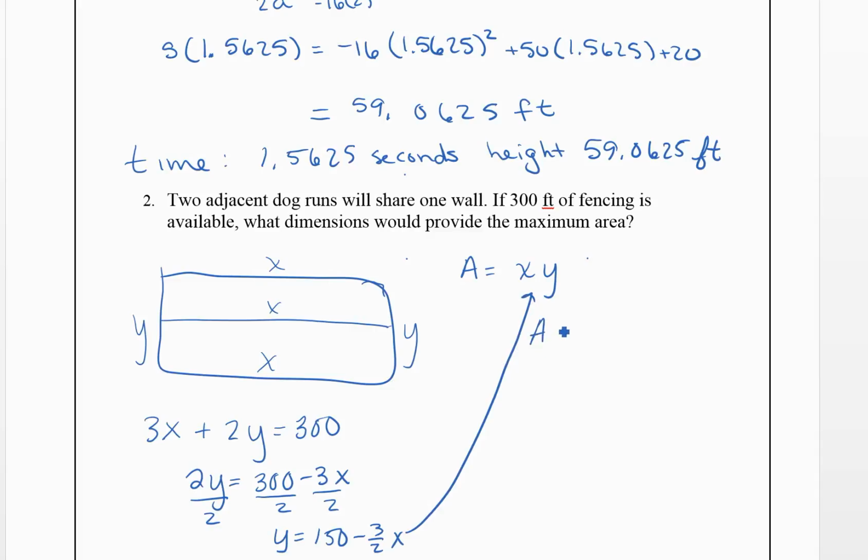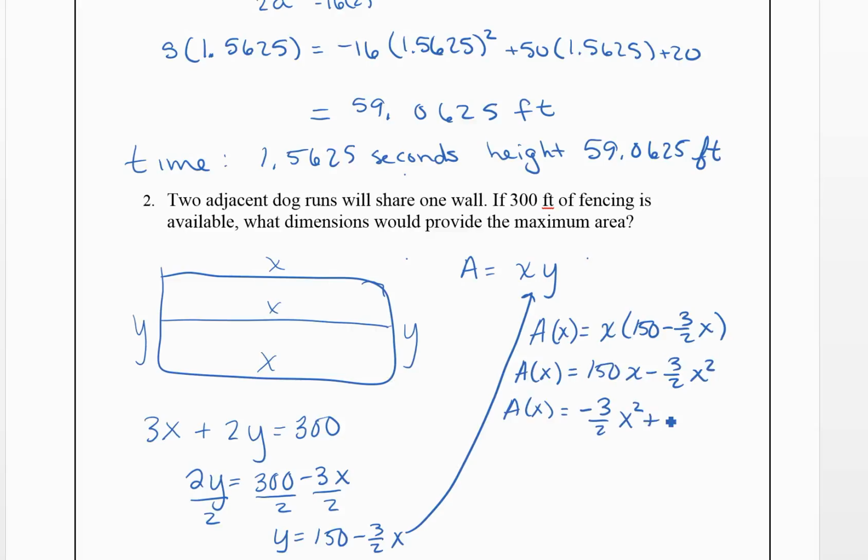Our area in terms of x is equal to x times 150 minus 3/2 x. Now we can distribute that x, so we'd have 150x minus 3/2 x squared. Now I'm going to rewrite that so it's in descending order: negative 3/2 x squared plus 150x.